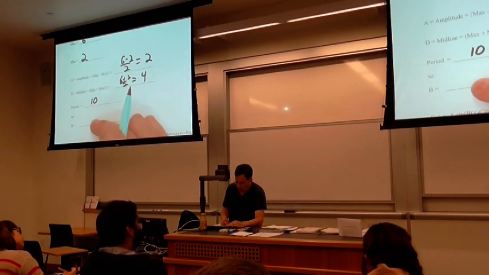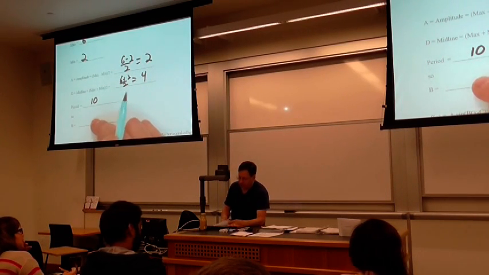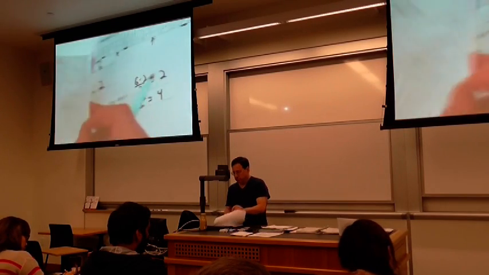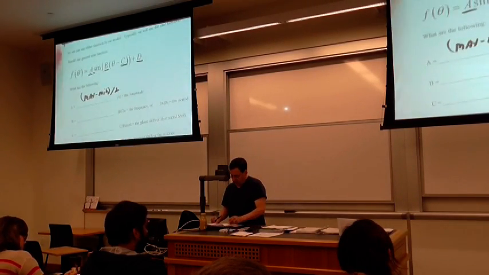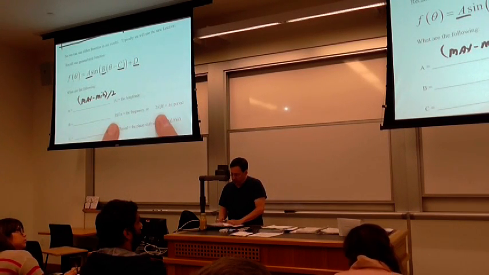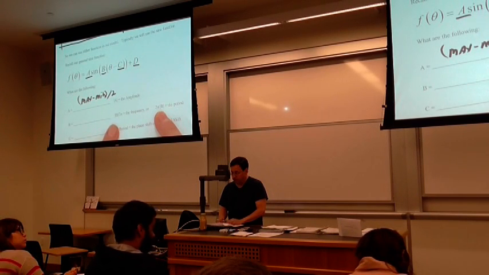Okay, but so what does B have to be? The period is 10, right? We've got to back up here a little. Recall that the period is 2 pi over the absolute value of B, right?